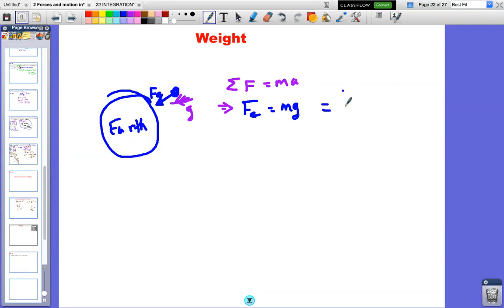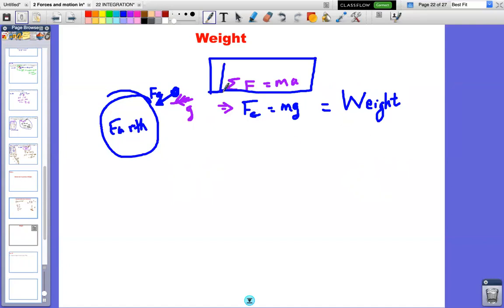And this force is the weight of the object. So this is how we got to define weight as mg. We always use mg, so you should be able to understand that it comes from Newton's second law, F equals ma, or summation F equals ma.